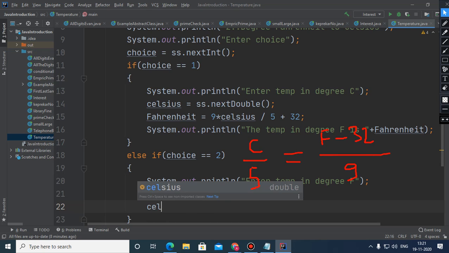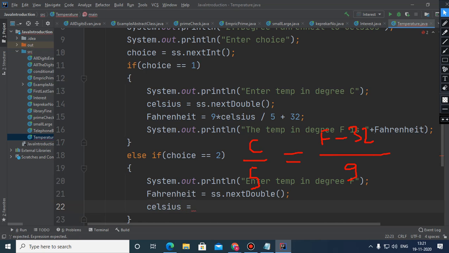So that is Celsius is 5 into Fahrenheit minus 32 upon 9.